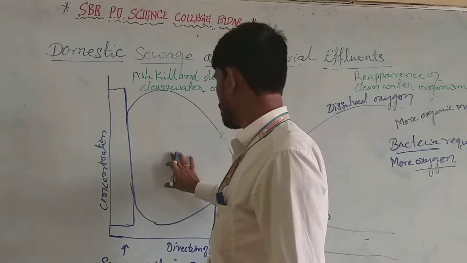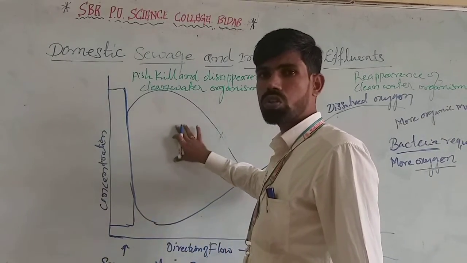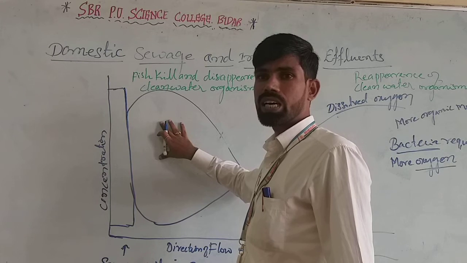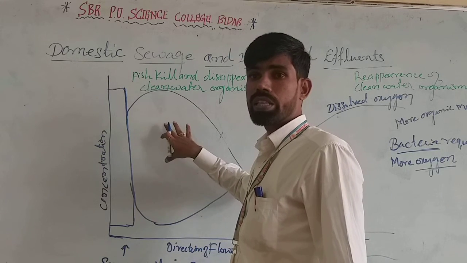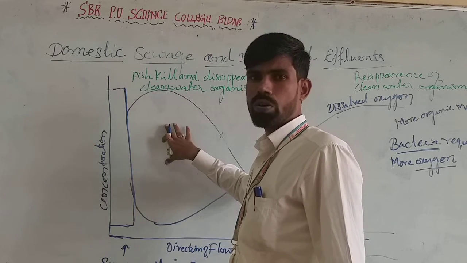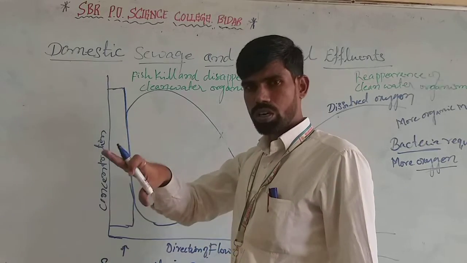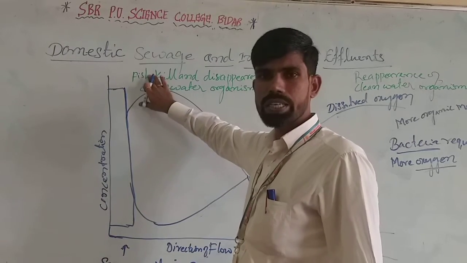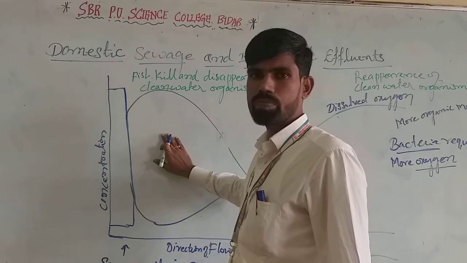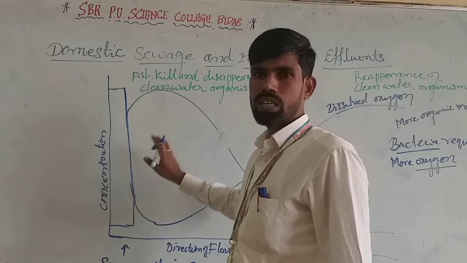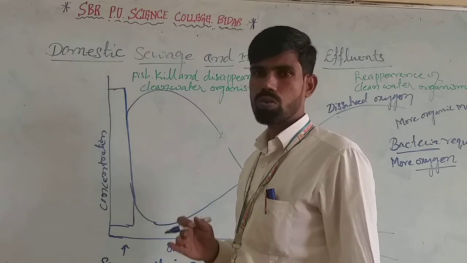So the concentration of oxygen decreases in that water body, and the fish present in that area will die, because they will not get sufficient oxygen.